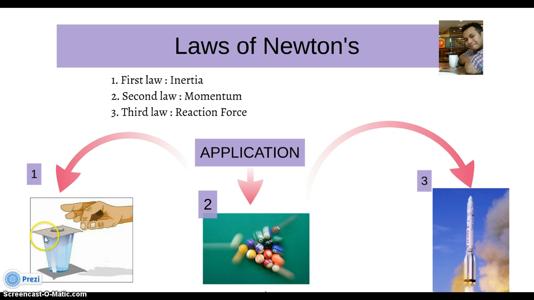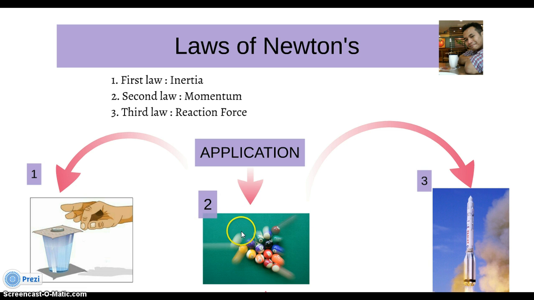When we flick the cardboard, the cardboard moves forward, and the coin goes downwards, because the coin remains at rest, so only the cardboard moves forward.